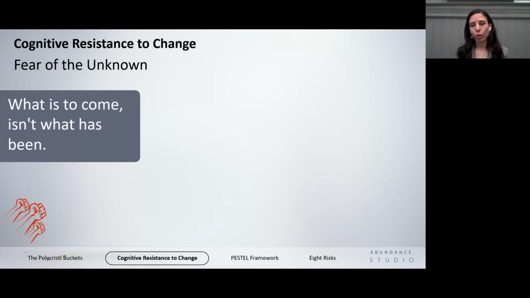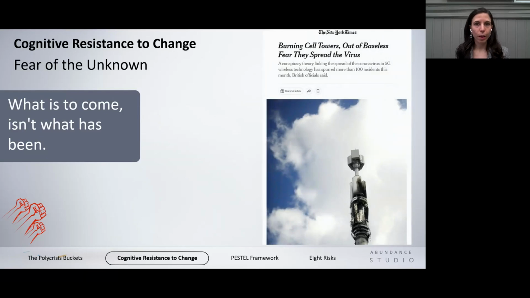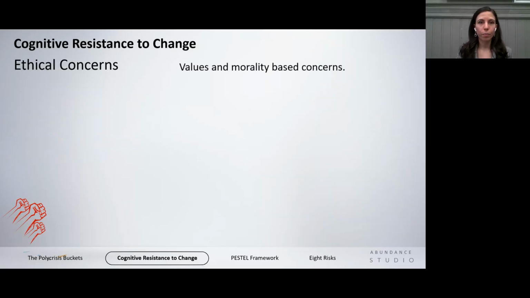Our social structures are changing. Our values are changing along with it. And some people struggle with that. An example of this is some people who burnt cell phone towers that were 5G towers because they believed that they spread the virus, the coronavirus. This is just one example of fear of new things and what could come of them.